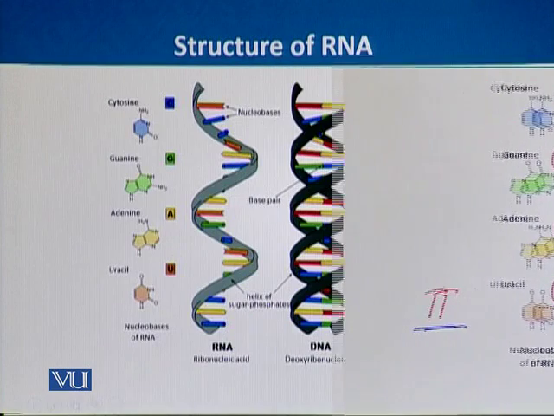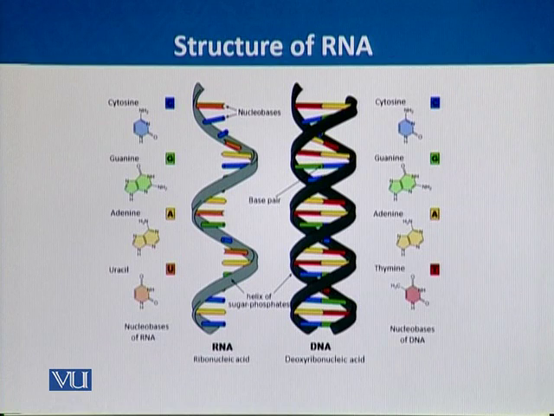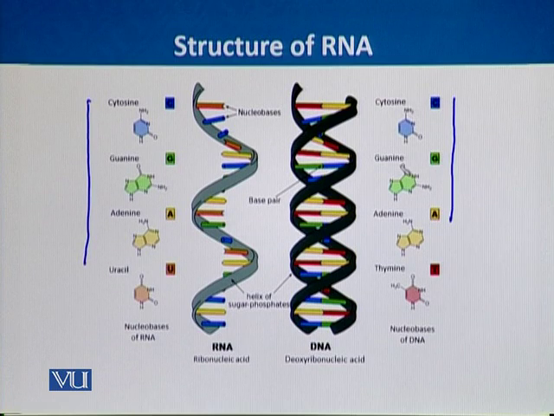nucleotides. So here we can see some similarities and dissimilarities in RNA and DNA molecules. We have already discussed that 3 nucleotides are identical in both RNA and DNA.